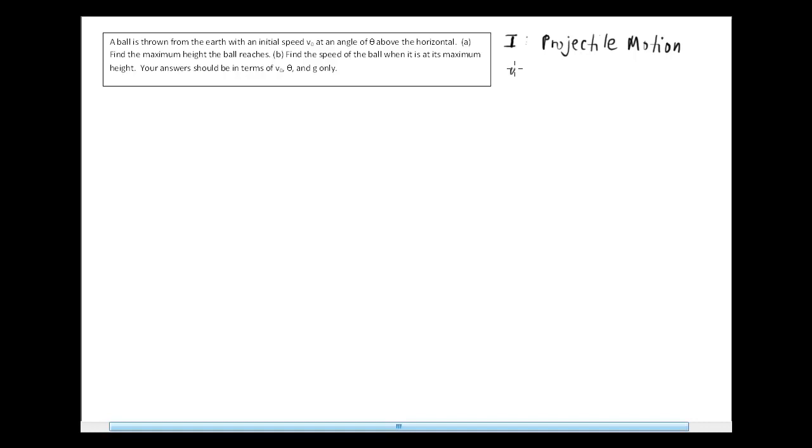So we will use the 2D motion equations. Simple enough.